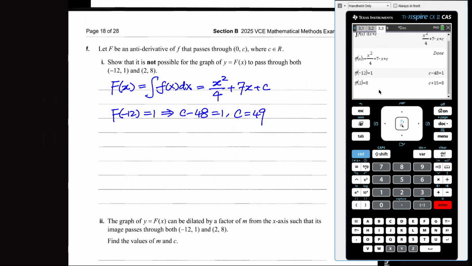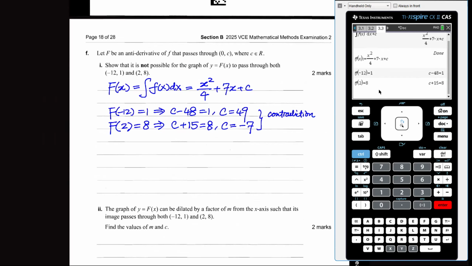Get a first c value. And then you get F of 2 equals 8. Contradiction.